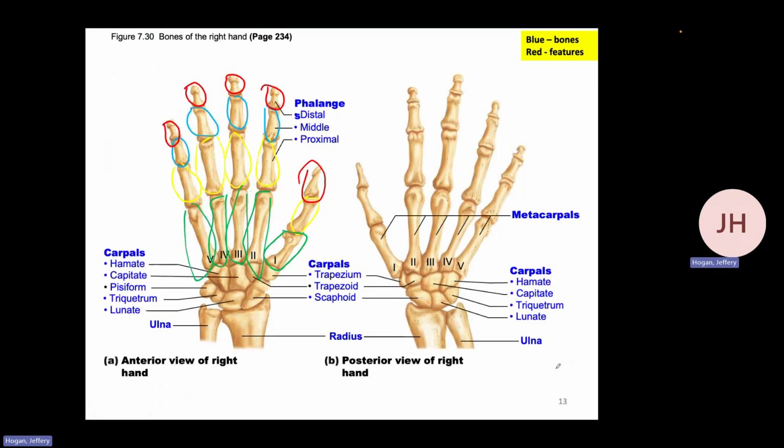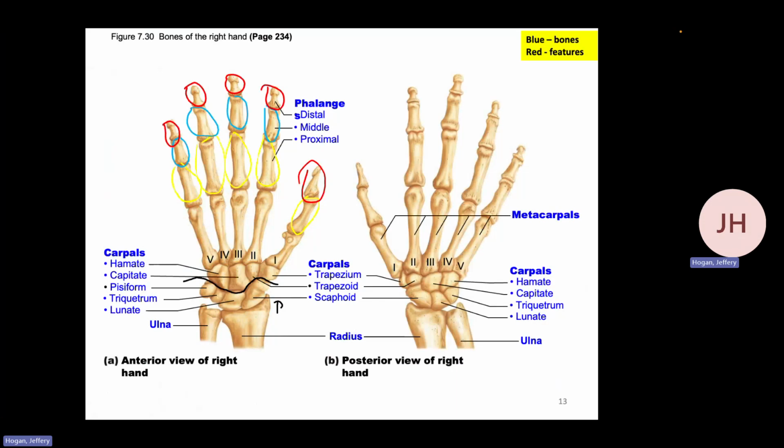Too easy, too easy. Now, back to the carpals. Let me erase some of this here, because it's going to get in the way. Get out of here. All right. Now the carpals, we have 2 rows, proximal and distal. Remember, the proximal row is closer to the attachment site on the trunk there, right?